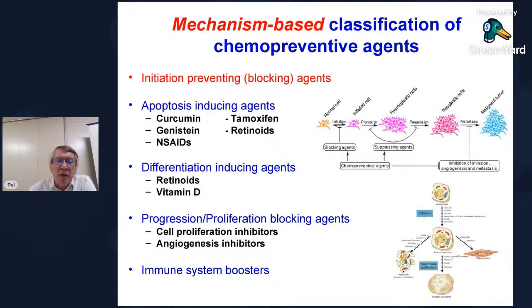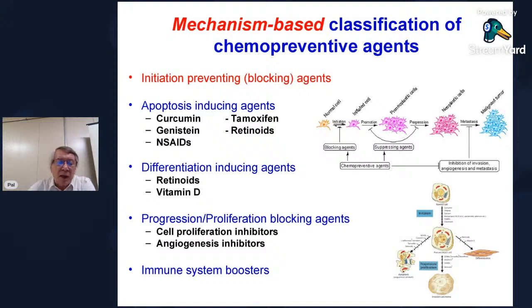Among the differentiation-inducing agents, we can list retinoids and vitamin D as chemopreventive compounds. As for the progression and proliferation blocking agents, you can see the cell proliferation inhibitors, which were discussed in the previous lecture, and angiogenesis inhibitors, among which there are also several flavonoids.